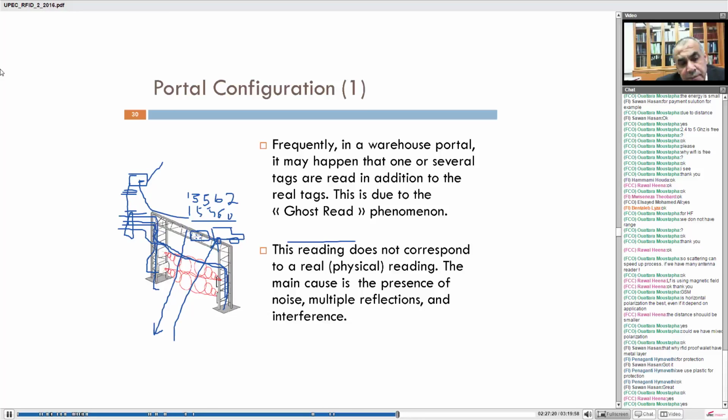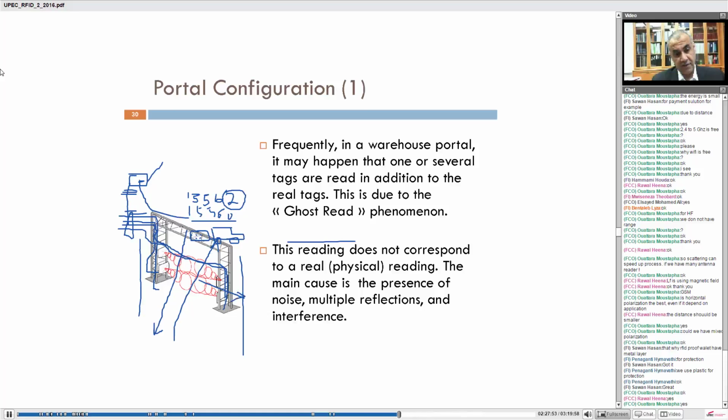If you do not configure your network well, in reality you have 15,560, but your reader and your computer are counting 15,562. Two are ghost reading. Why?